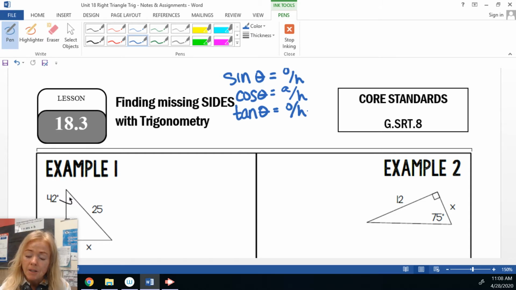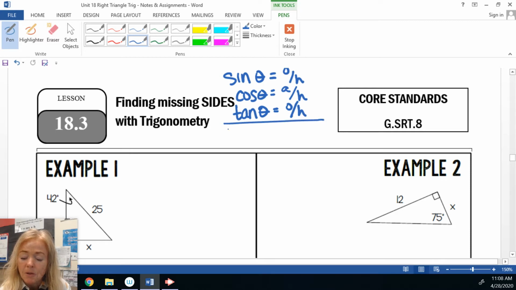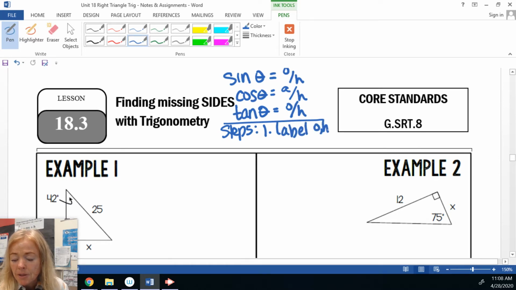Now, the other thing I wanted to do is give you your steps to finding a missing side. And right now we're just dealing with missing sides. So the steps are, first I would label the O, H, and A, specific to the angle that is known. So find the angle that's known, and then label the O's, A's and H's so that you know which of the 2 sides are involved.